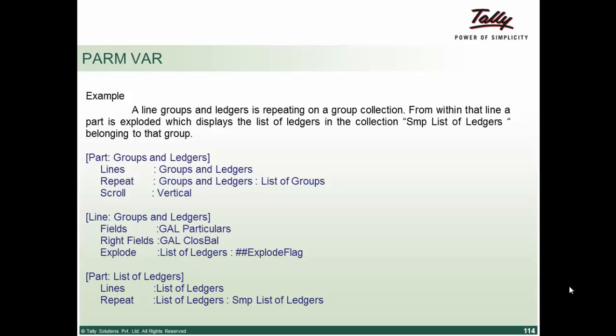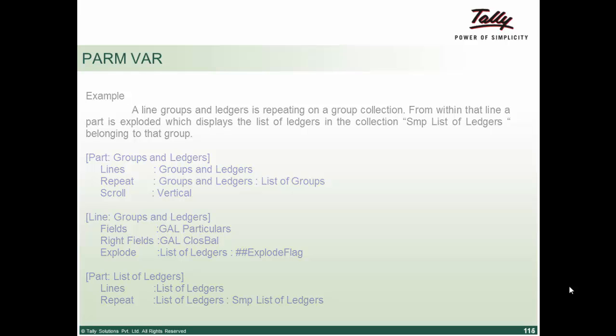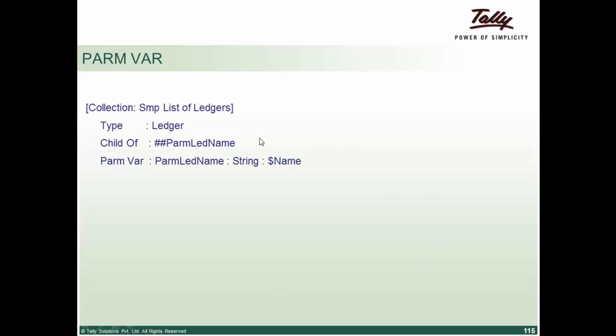So there is one main line which repeats on groups. There is an exploded part which has a line and repeats on ledgers. And obviously when I explode my part here, I should get only those ledgers which are a part of this group. So what we have done is type collection, child of parm led name.